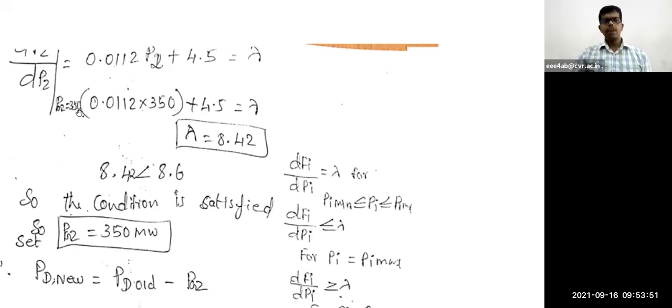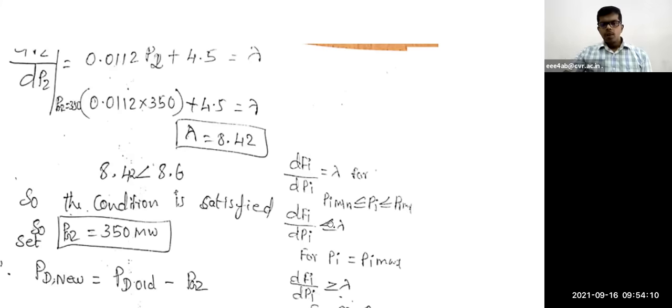While substituting PG2 as 350 megawatt, substitute 350 and find out the lambda. If you find it out, it is 8.42 something. You will be getting the exact value.